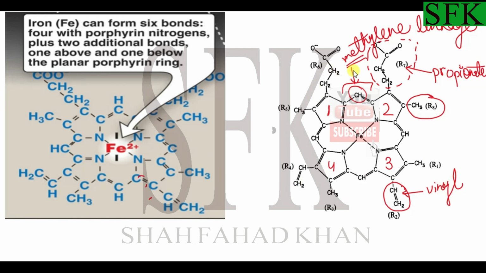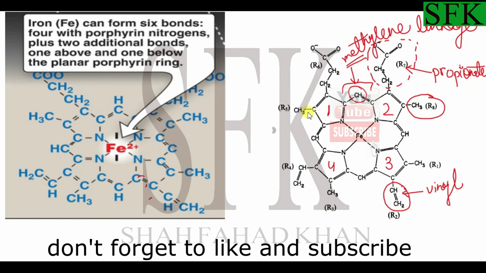These are the three types of branches present on the pyrrole rings of protoporphyrin 9. This protoporphyrin 9 is present in hemoglobin and myoglobin proteins, which are the most abundant sources of heme groups in the body.